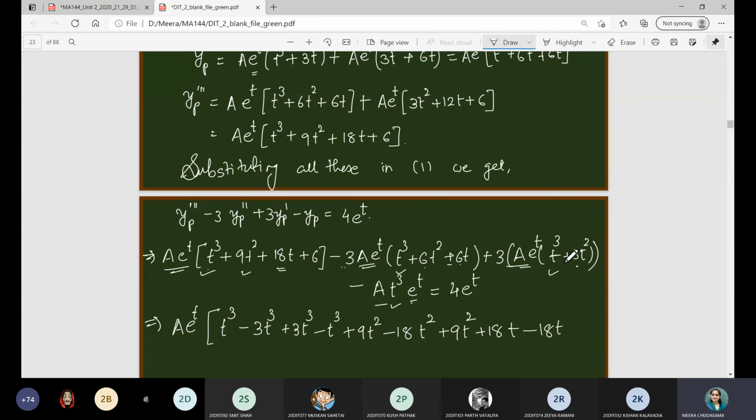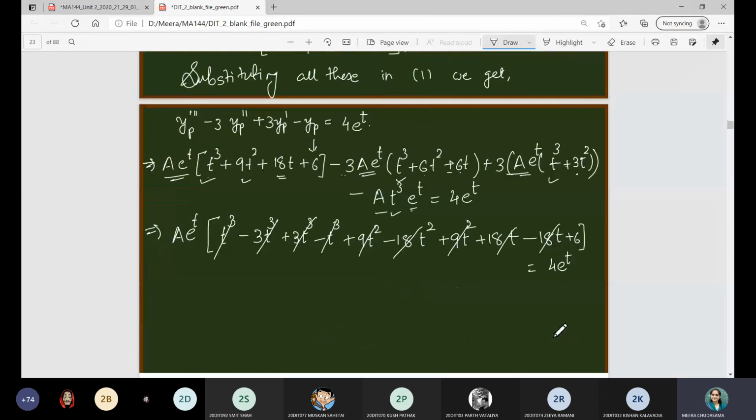Here no terms are there with t, right? And now let us consider the last, that is the constant term. So it is only contained in this first term, so just plus 6, equal to 4 e raised to t. You can see that 9t square plus 9t square cancels with the 18t square, and 18t minus 18t will get cancelled.